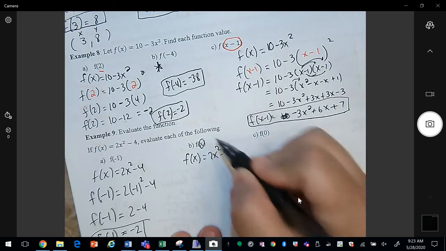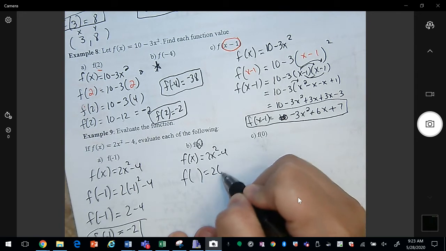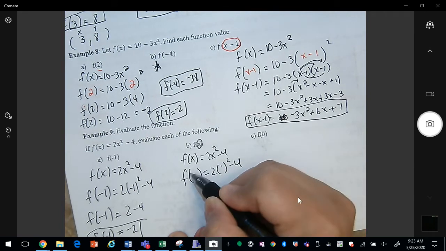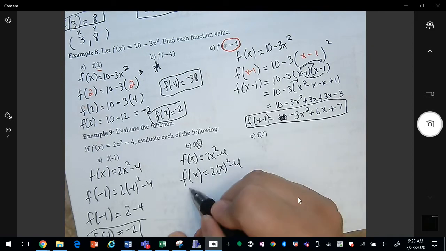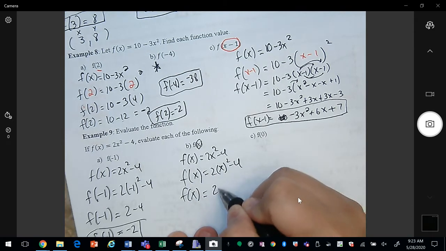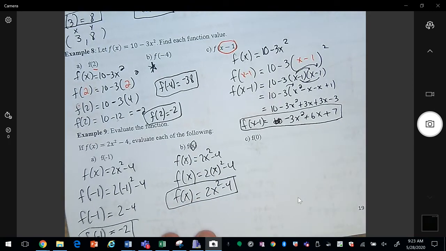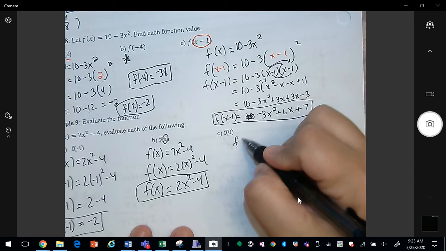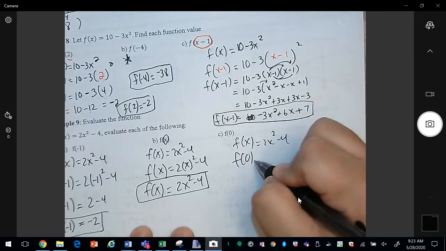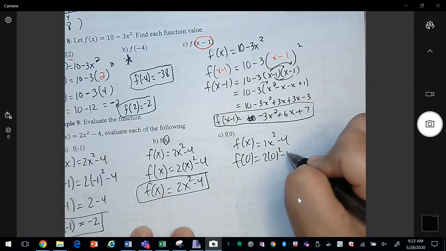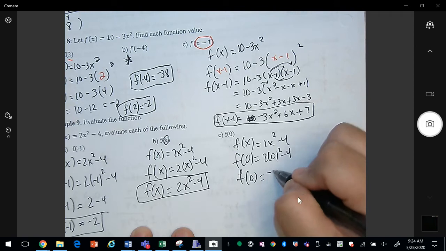So I'm going to replace my x with x, which is the same thing. So my answer is just going to be the same equation. So f of x is just itself. And then last, 0. So I'm going to replace x with 0. 0 squared times 2 is 0. So we end up with negative 4.